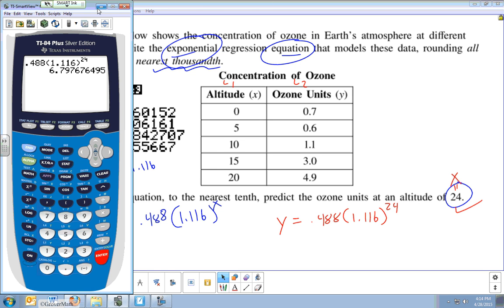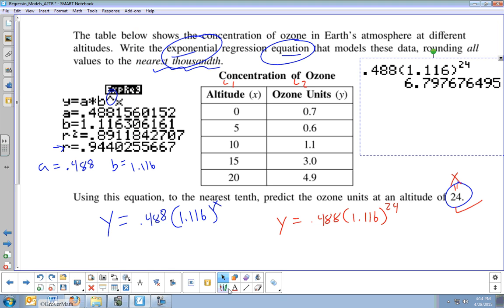When there's multiple parts to these questions, make sure you don't assume that it's the same rounding. See, this one wanted all to the nearest thousandths. This one's nearest tenths. Students mess that up all the time. They assume I'm rounding to the same spot for all these problems. You've got to read the question, underline those key pieces of information. So this would be y equals, to the nearest tenth, 6.8.